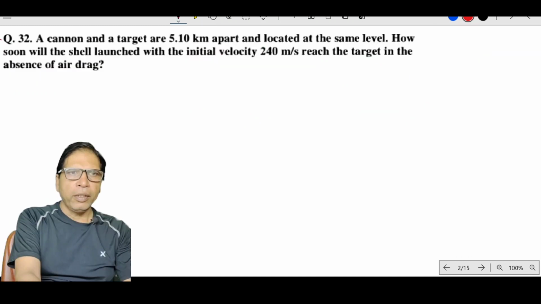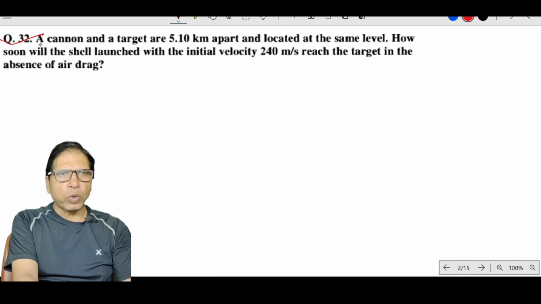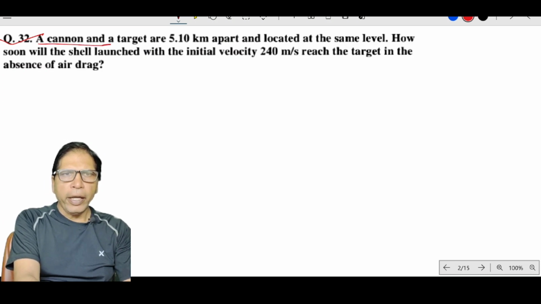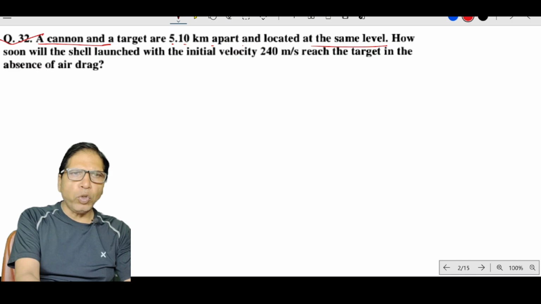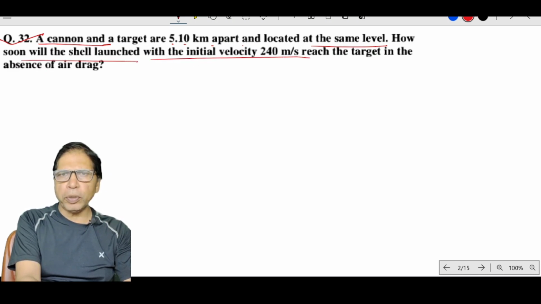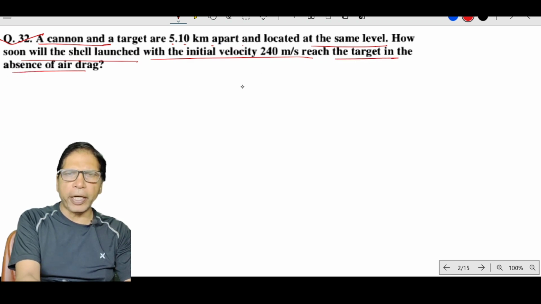Now question number 32. A cannon and a target are 5.10 kilometers apart and located at the same level. How soon will the shell launched with an initial velocity of 450 meters per second reach the target in the absence of air drag?